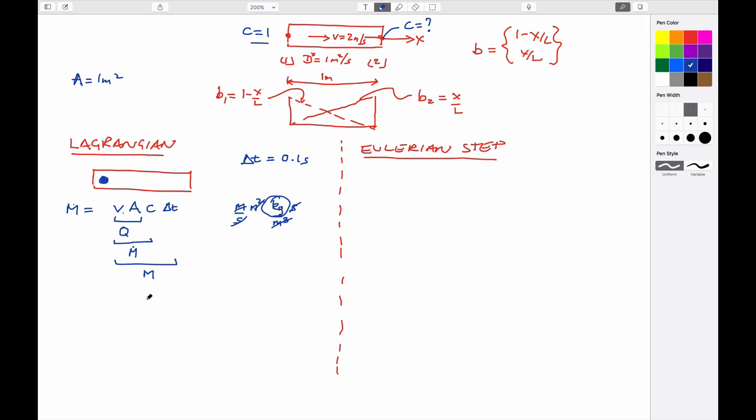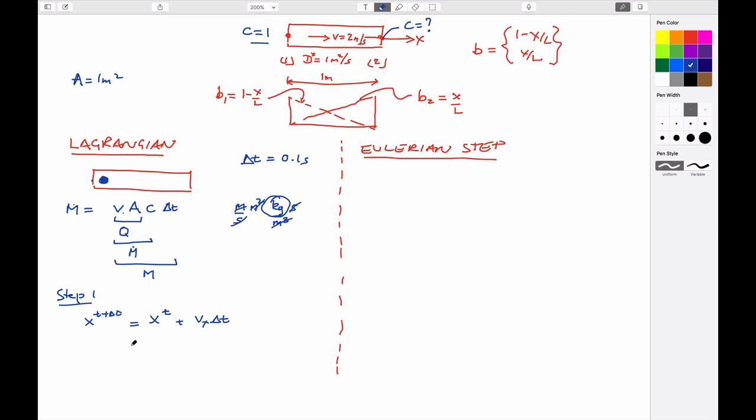So what are we going to want to do now? We're going to start off with this value here. At step 1, we're going to calculate where that mass goes to. And so we can get the x-coordinate at time t plus delta t is equal to the x-coordinate at t plus the velocity in the x direction times delta t.